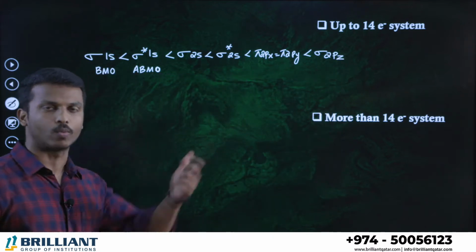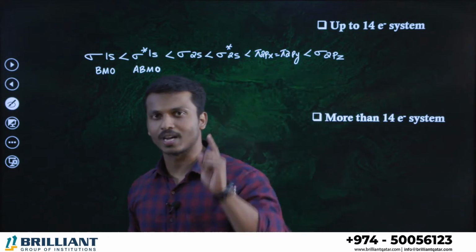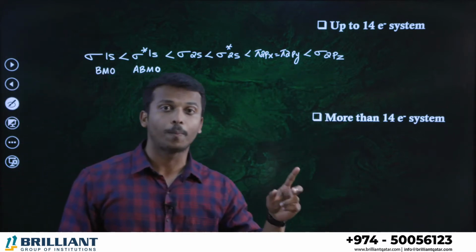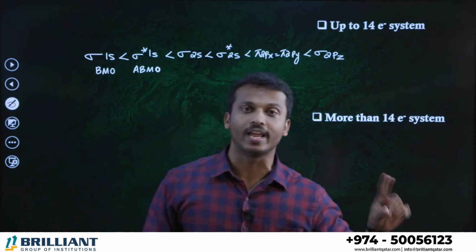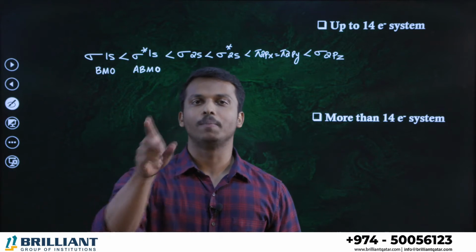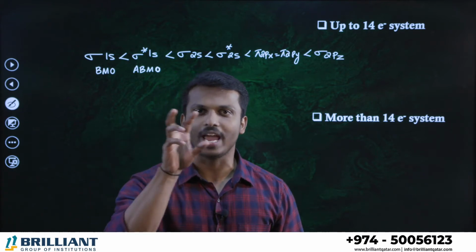So once again, rewind. Sigma 1s, sigma star 1s, sigma 2s, sigma star 2s, pi 2px equal to pi 2py, then sigma 2pz. For every BMO, there will be an ABMO.